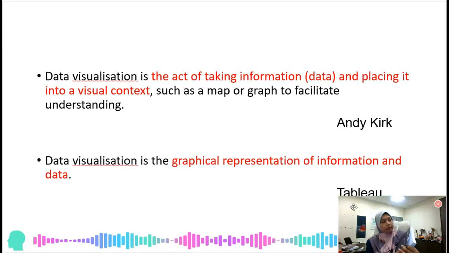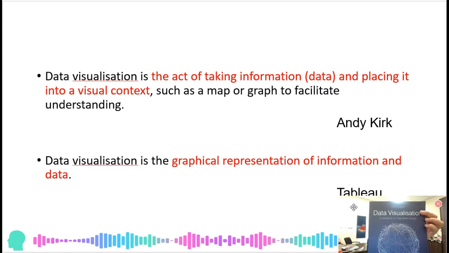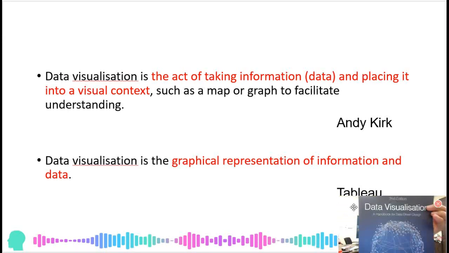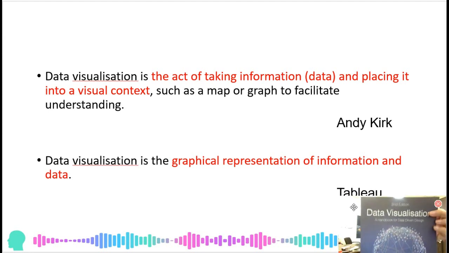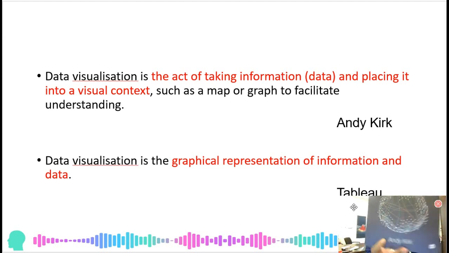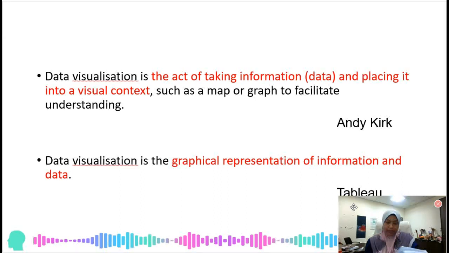This is his book, Data Visualization: A Handbook to Data-Driven Design. This is the second edition, and Andy Kirk is the author. I bought this one from Kinokuniya. It is quite pricey, but hey, I am the teacher, I need the reference, so I just beli je. Okay, let's come back to the real world, kawan-kawan.